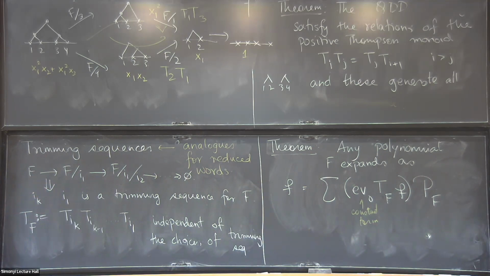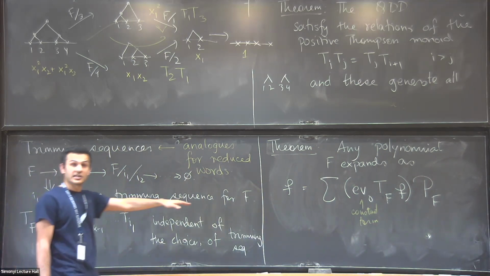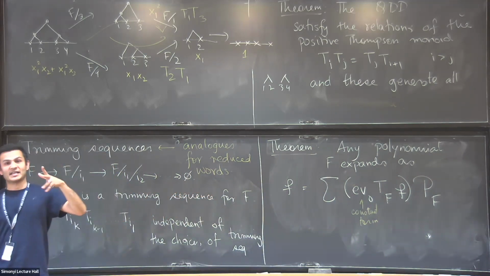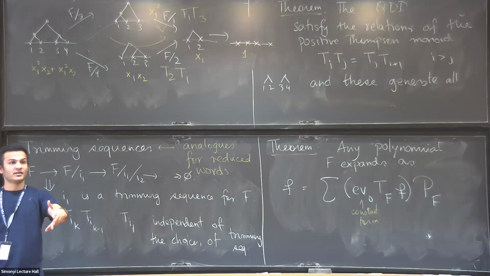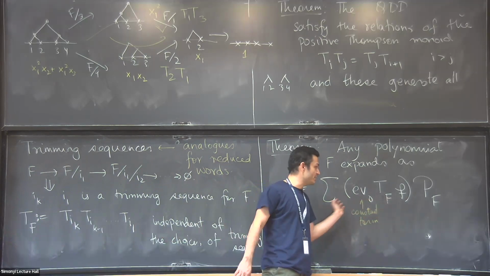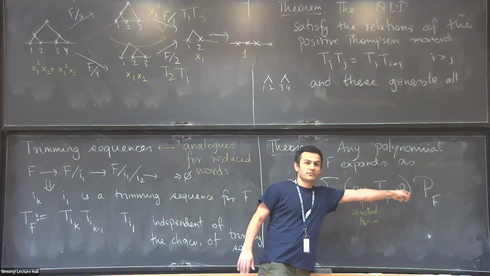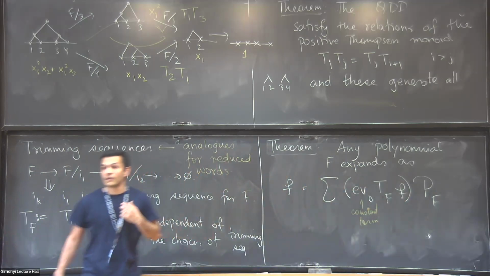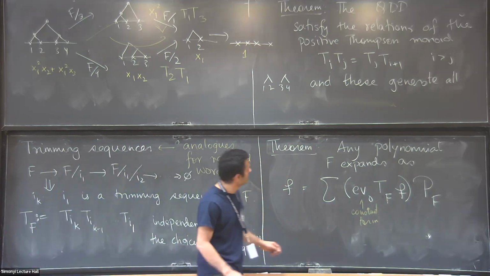This tells you how to expand anything in terms of forest polynomials. Forest polynomials have an easy divided symmetrization. So now you can compute the divided symmetrization of any polynomial going via the forest expansion. I'm really sorry. So any polynomial small f and the assumption would be that.